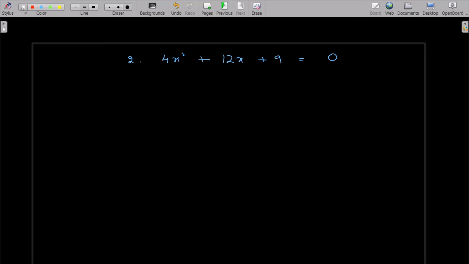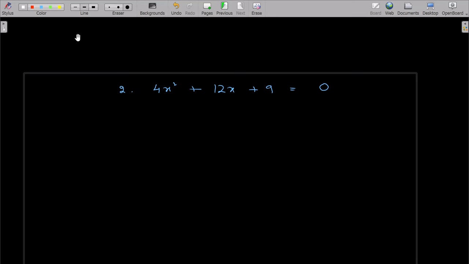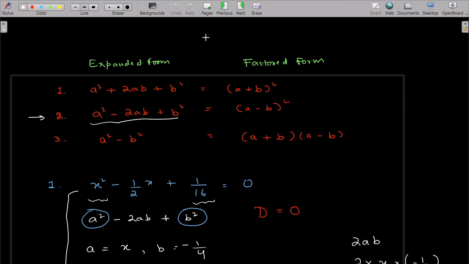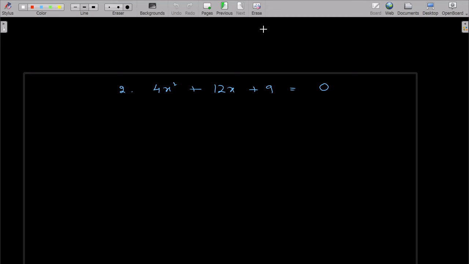Okay, we will try to do it using one of the identities. Can you guess which identity will be used? Here are the identities. The first one, because all the terms are positive. Okay, now can you guess the values of a and b?